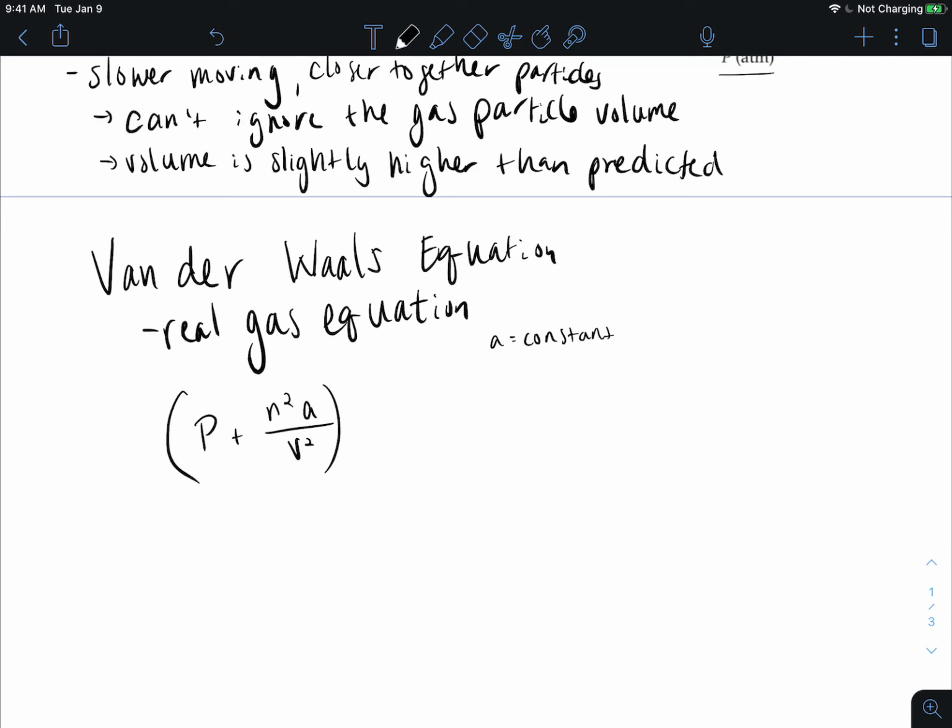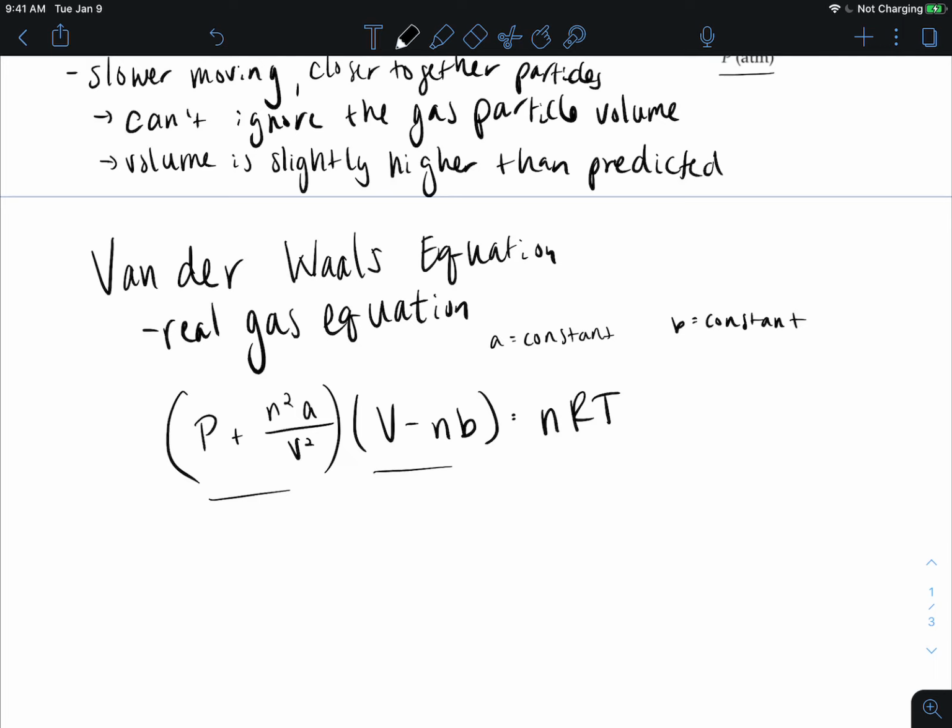So we're going to add a term to account for the lower pressure, and then volume minus nb, where again n is our number of moles, and b is also a constant. Both of these constants are going to be dependent upon the gas. I'll talk about them in just a minute. And then this is going to be equal to just nRT. So we're going to change our pressure and our volume term in this case.